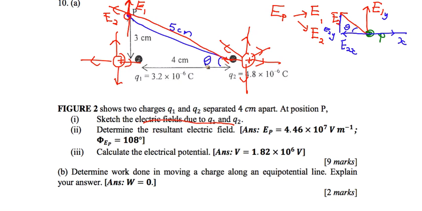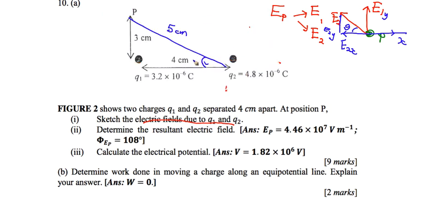If you look at the diagram here, to calculate the angle theta, you can use the triangle here. Let's say you use tangent theta. Tangent theta is equal to 3/4.